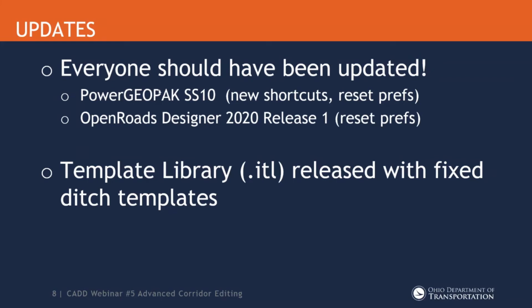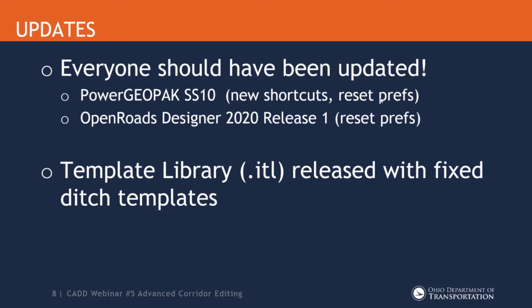But do note that with SS10, hopefully you all saw the email and the short video on the different ways you can get the new shortcuts, the installation path changed for SS10, so all the existing shortcuts to launch Power Geopack broke. So we sent out an email on how to get new shortcuts.